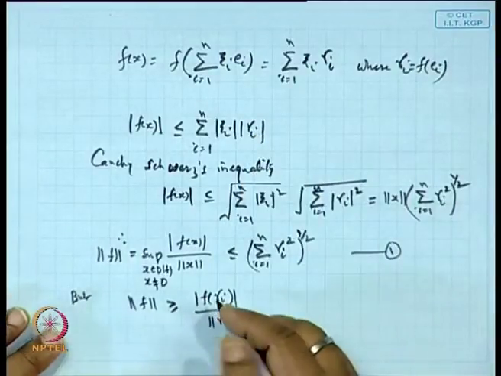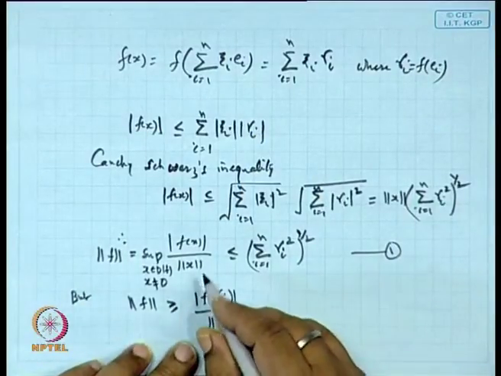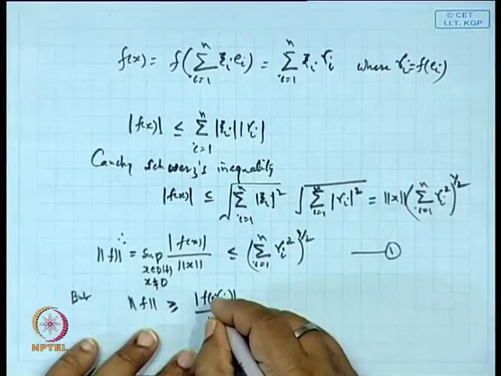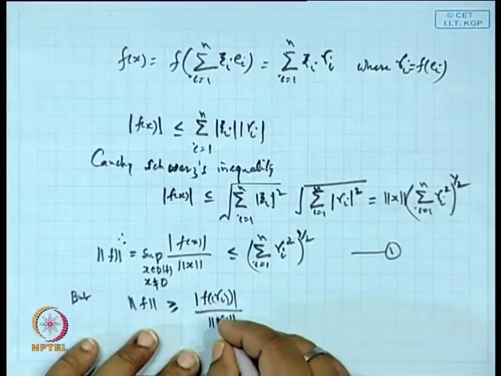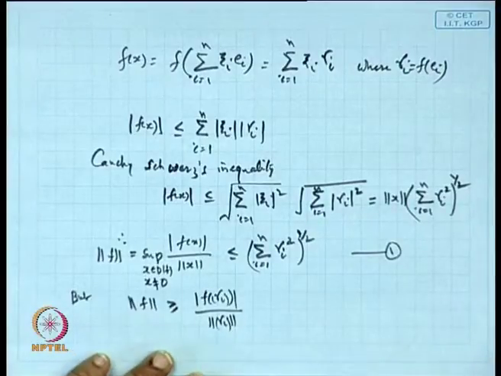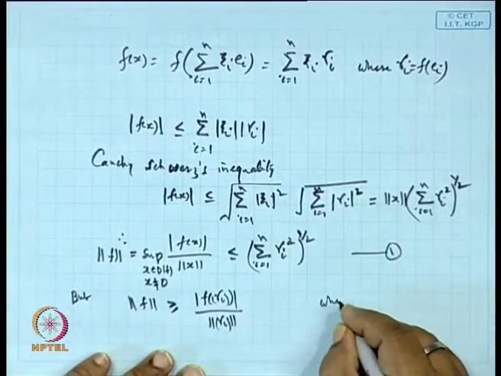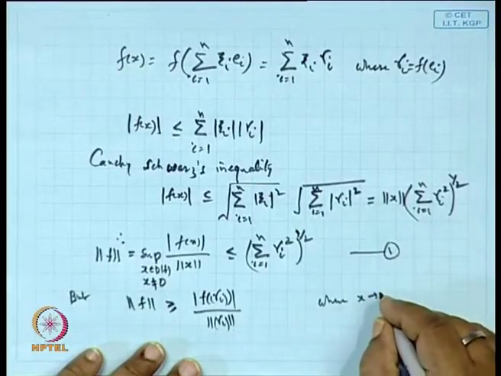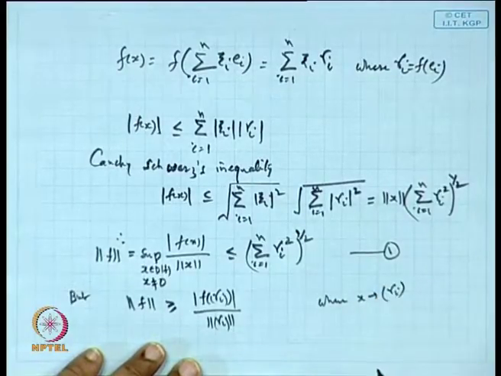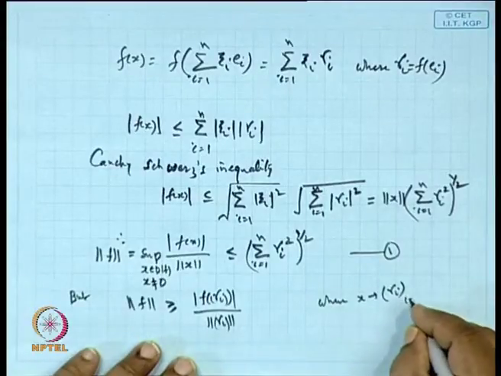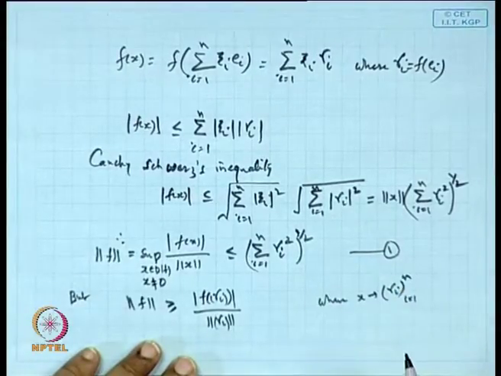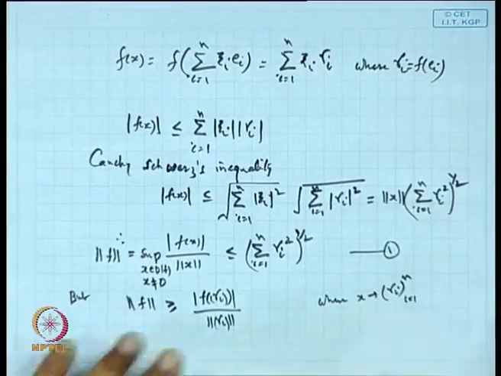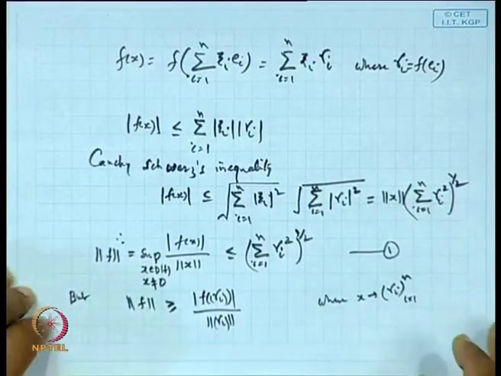I am putting x to be the same as the gamma_i sequence. So, let it be the sequence gamma_i, where I am replacing x by the sequence gamma_i, i is 1 to n. Or let it be clear from here.